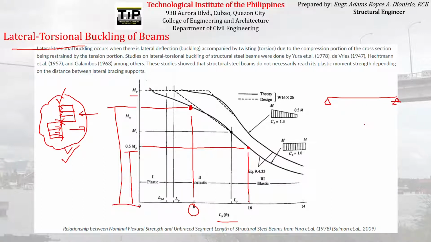That is why it is very important that you provide adequate spacing of lateral bracing. As much as possible, provide lateral bracing near to each other, although obviously that will not always be economical, aside from the fact that it will not be practical to do.